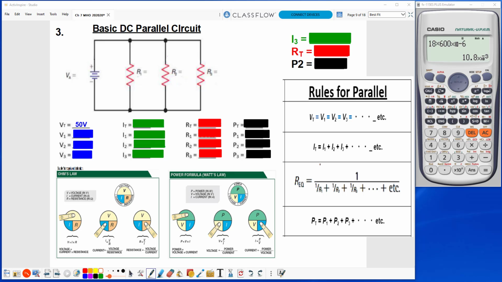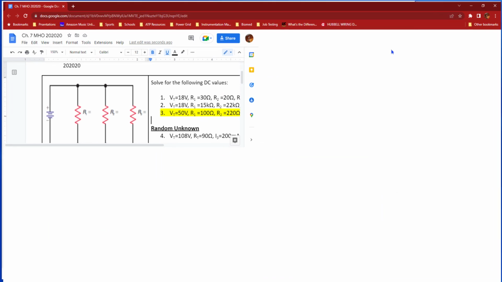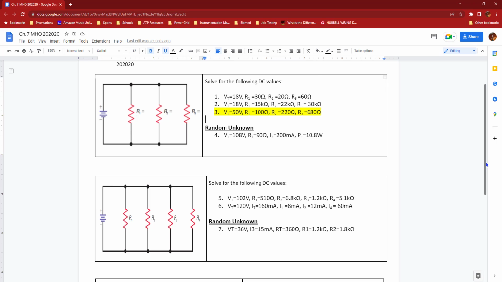In this video, I will be calculating the values for a DC parallel circuit from the Chapter 7 math handout, problem number 3. I'll begin by taking my known values from the Chapter 7 math handout, as you see here.